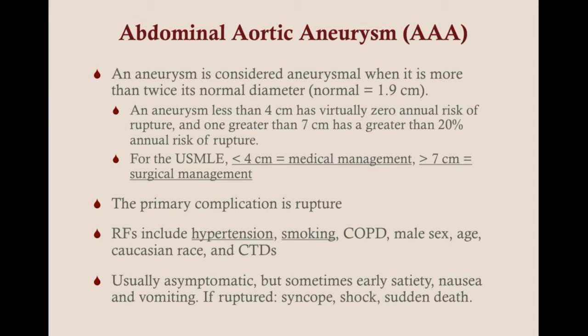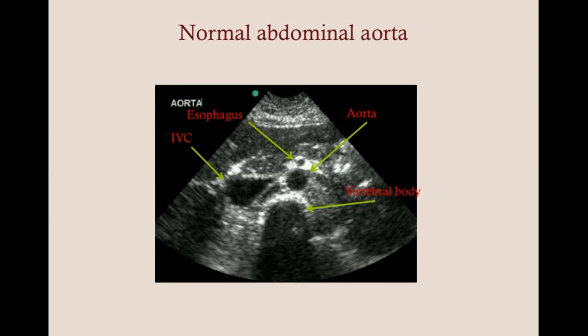If the abdominal aortic aneurysm does become ruptured, syncope, shock, and sudden death are the sequelae of a ruptured aneurysm. And only about 20% of these patients where their abdominal aortic aneurysm ruptures will actually survive. So you don't want it to get to that point. So this is a normal abdominal aorta as seen by sonography.